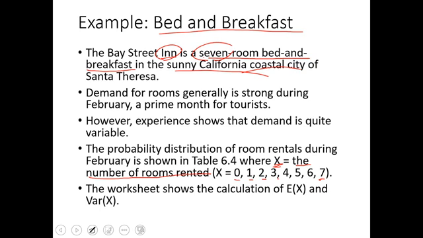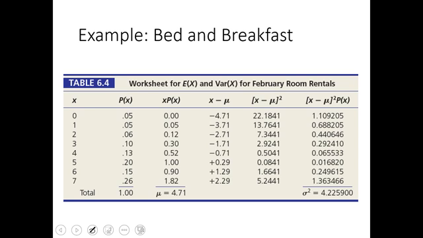Let's calculate the mean and variance of the number of rooms rented. Here is the probability, which is given. You cannot find the probability by yourself. It should be given. The probability that there is no rented room is 5%.